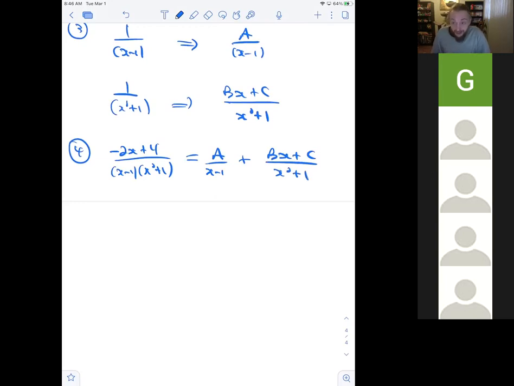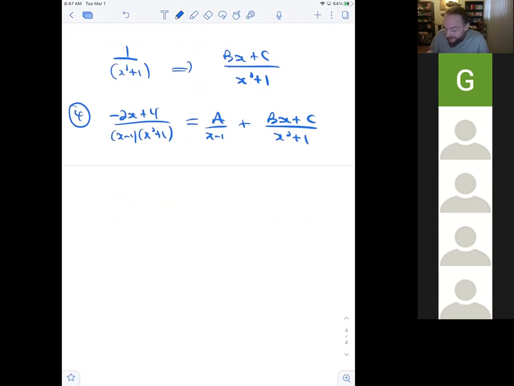Because I had one linear factor, I guess one linear term on the right hand side, and because I have one irreducible quadratic factor, I have one linear over quadratic term on the right hand side. And now the idea is we're going to try and integrate this thing, but now I don't have to have the two guys on the bottom. We split it into two individual integrals.